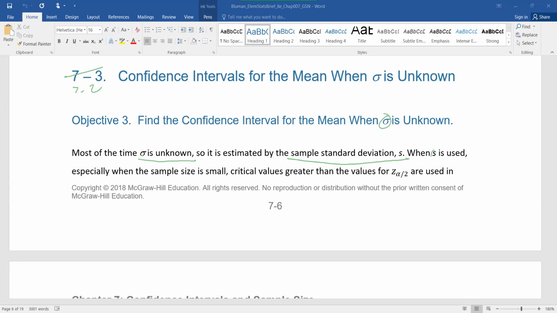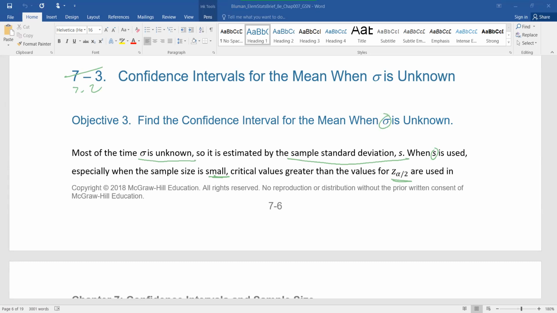When S, the sample standard deviation, is used, especially when the sample size is small, critical values greater than the values of that Z-score of your tails are used in confidence intervals in order to keep the interval at any given level.